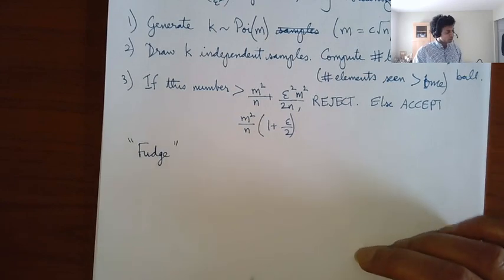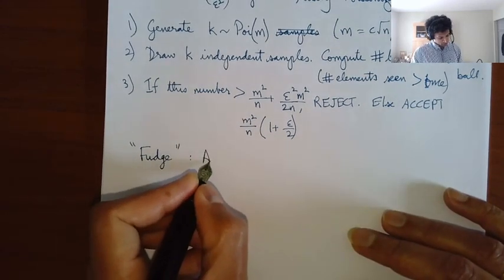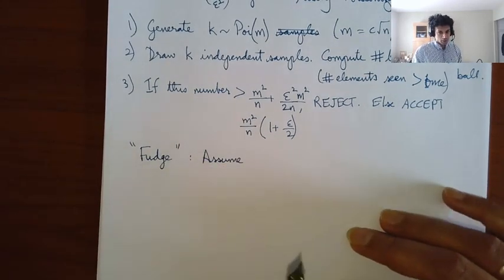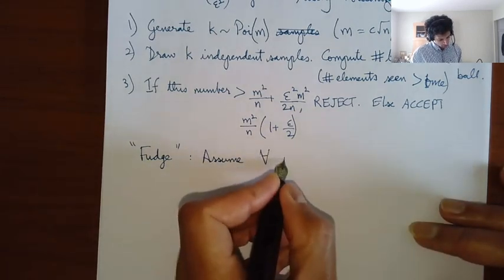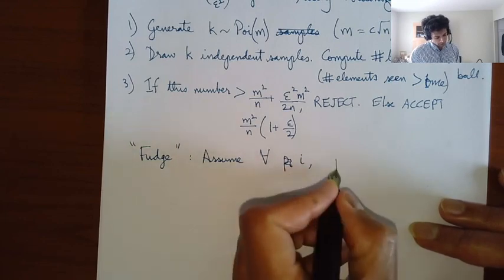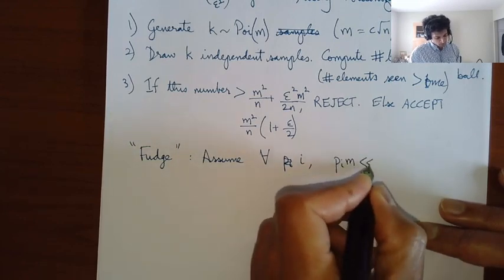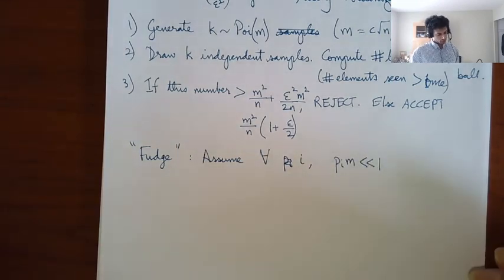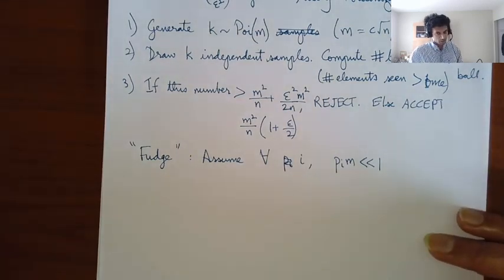The fudge that I'm going to do over here is I'm going to assume that for all i, pi times m is going to be much smaller than one. So this is the approximation that I'm doing.